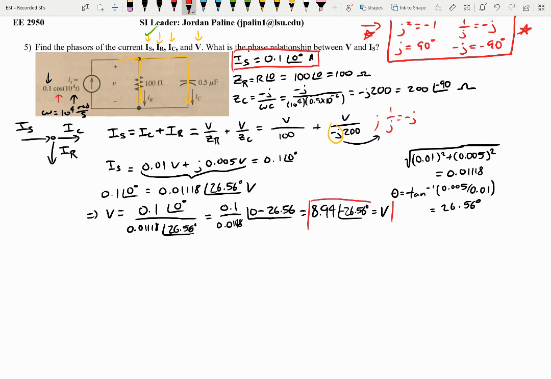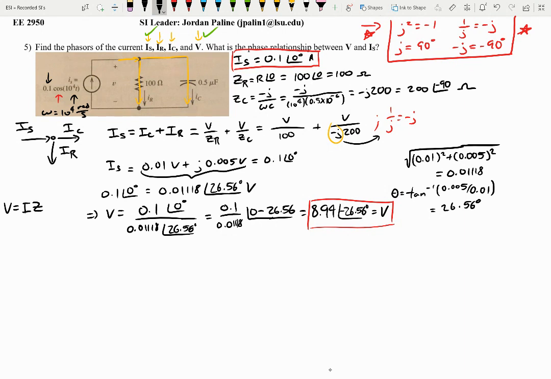They asked for the voltage, and they got it a little out of order, but that's fine, because now we're going to use our relationship V is equal to IZ.